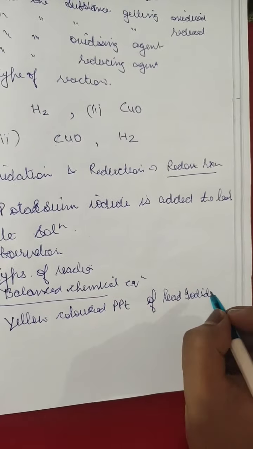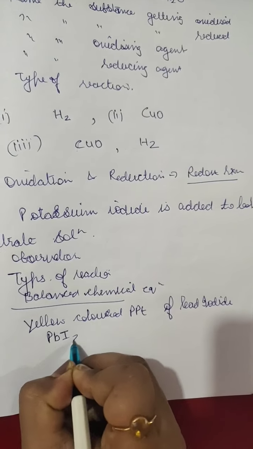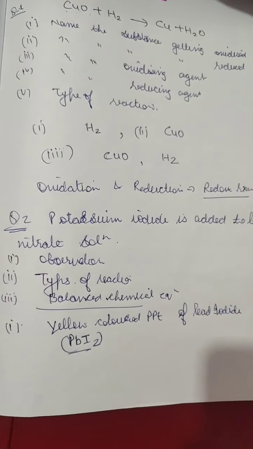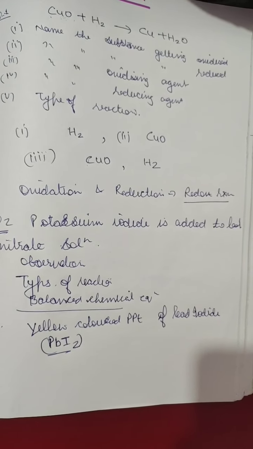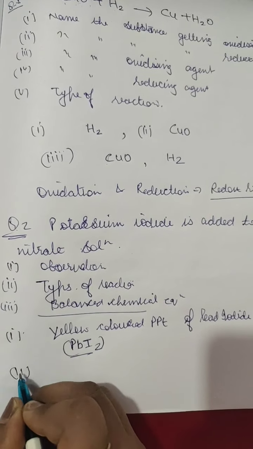We will write the formula also here, PbI2. So these are the yellow colored precipitate. So the observation is that whenever we mix potassium iodide with lead nitrate solution, we get a yellow colored PPT of lead iodide. Second is, what is the type of reaction?